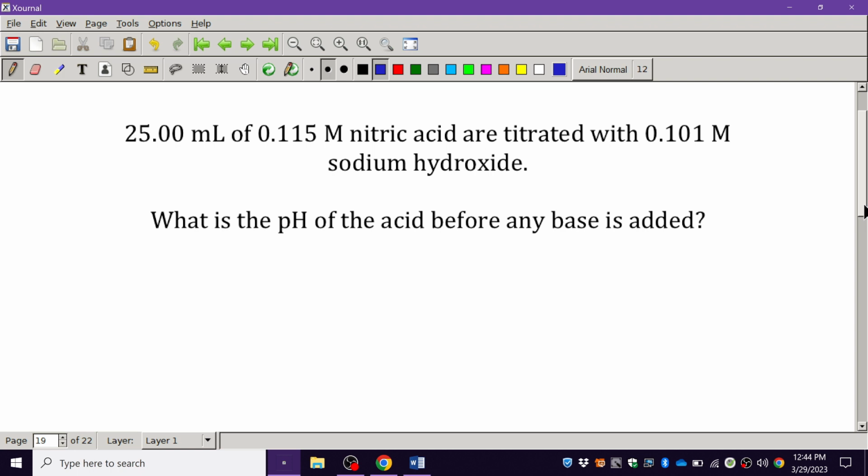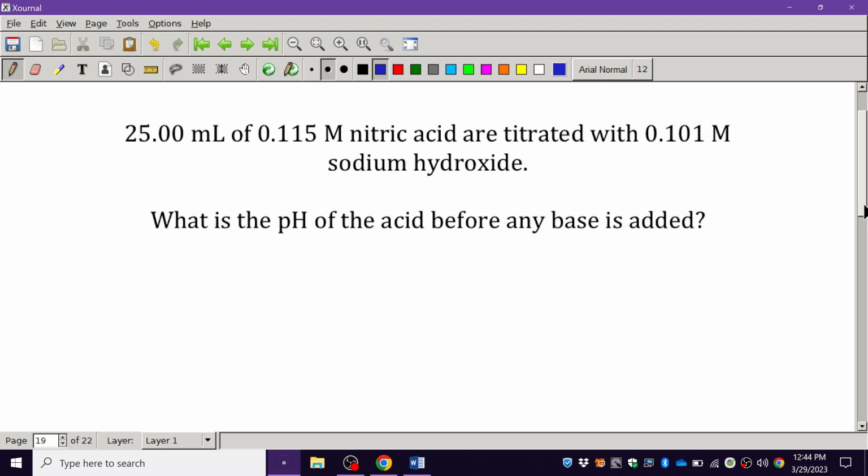Okay, so let's look at some titration curve problems, and that's what we're going to do pretty much for the remainder of today. If I titrate nitric acid with sodium hydroxide, what kind of titration is it?